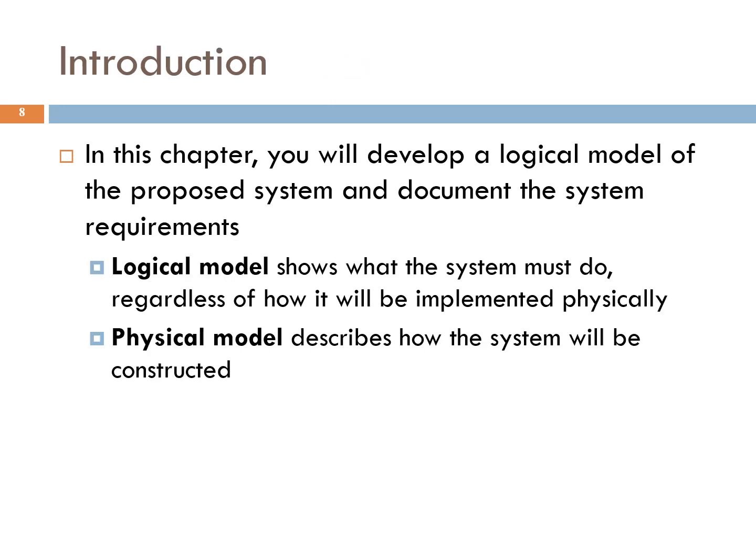In this chapter, we will develop a logical model of the proposed system and document the system requirements. The logical model is what the system does regardless of how it will be implemented physically. So a DFD is an example of a logical model.